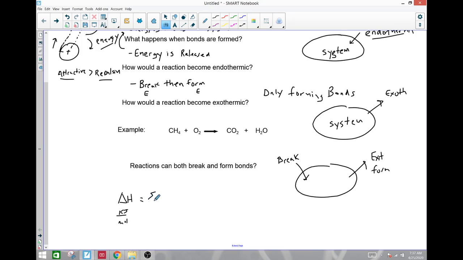It's the sum of all the bonds broken, in the reactants, minus the sum of the bonds formed.